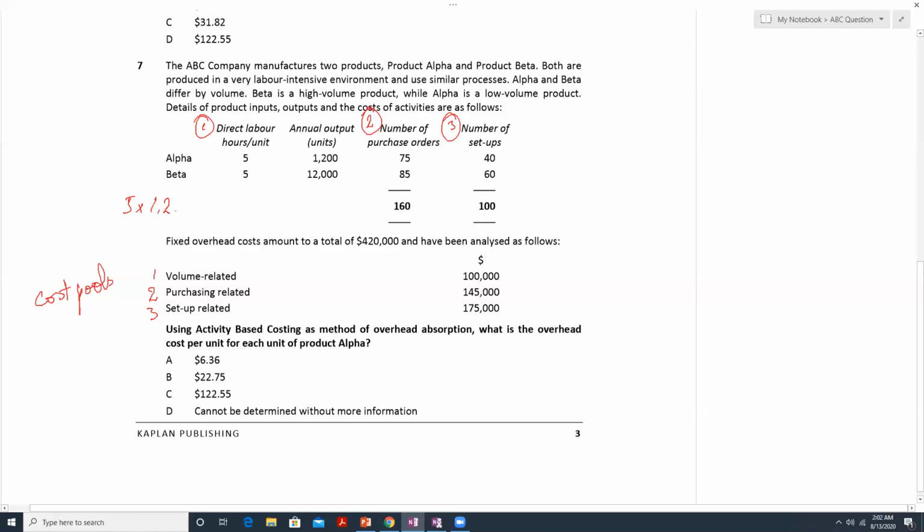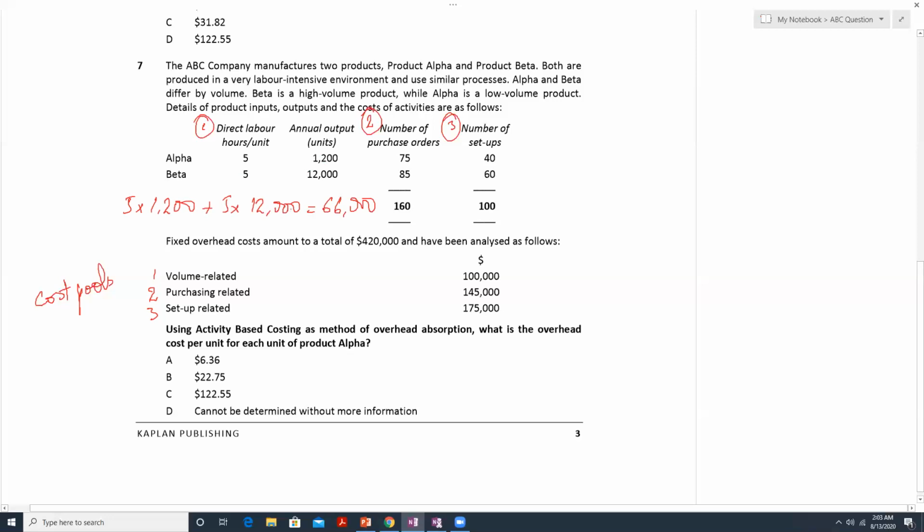So 1200 units of alpha multiplied by 5, and I'm going to add 5 multiplied by 12,000 for beta.